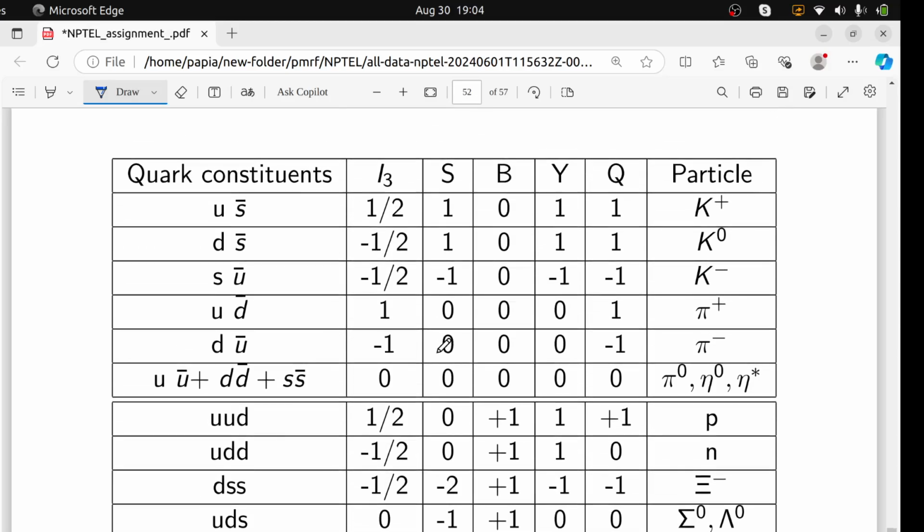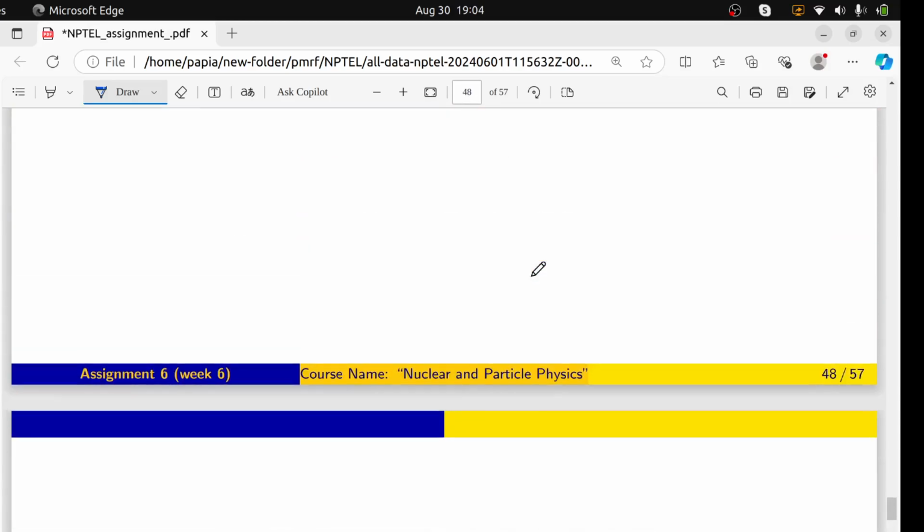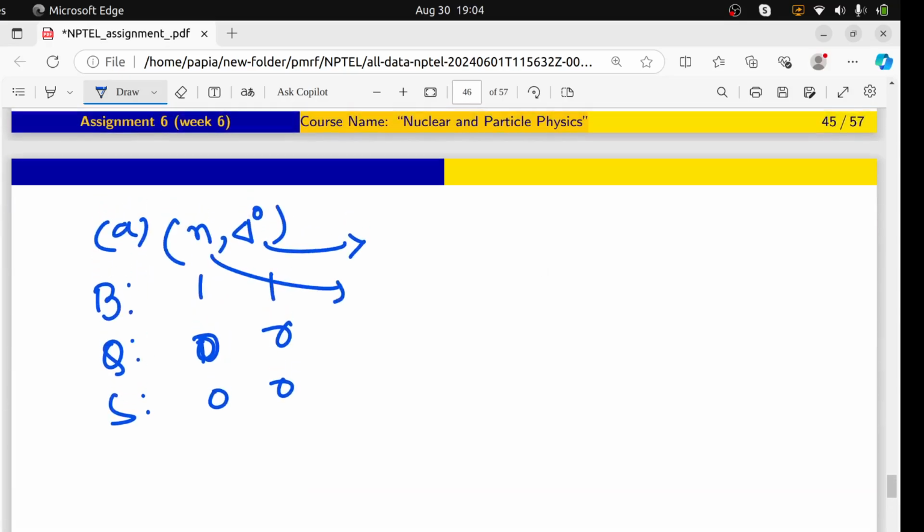Maybe I did not write it here, but delta 0 and N are UDD, right? N is UDD, and for delta 0 just check the Y and I3 value, that is also not going to match, I think.